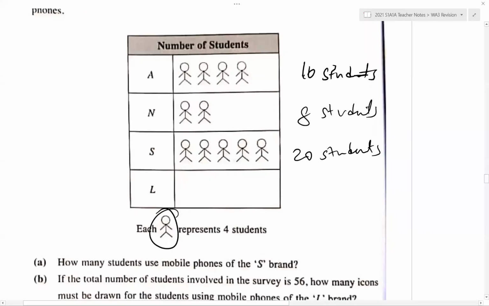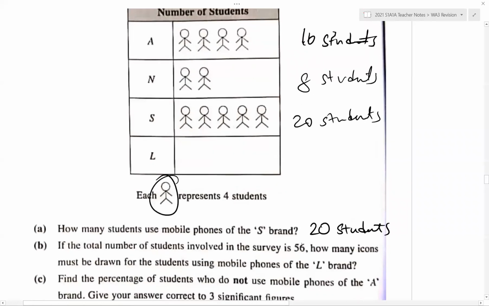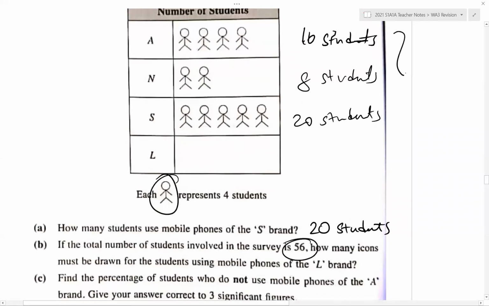Okay, next one, part A. How many students use mobile phones of the S brand? 20. The total number is 56. So altogether, we are expecting 56 students. How many icons must be drawn for the L brand? If there are 56 altogether, then what is the unknown over here? 56 minus 16 minus 8 minus 20.